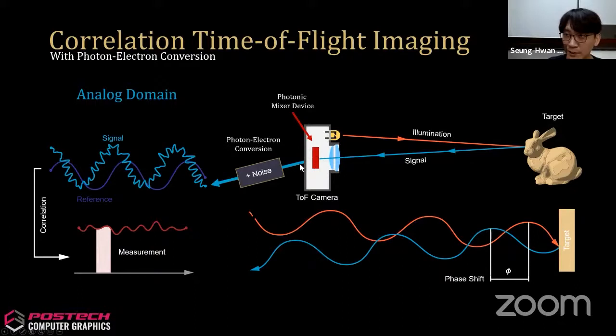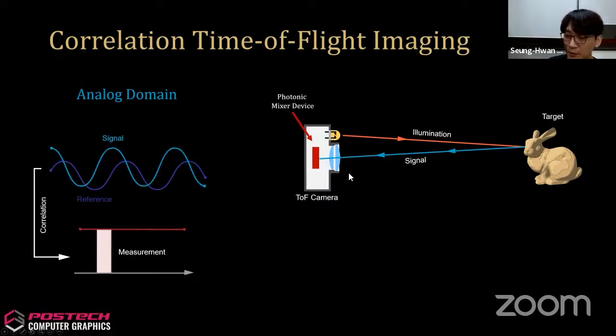Then we process this electron in an electric manner, and we compute this correlation in the electric domain to estimate the true phase shift information. However, in that conversion process from photon to electron, there is some inevitable noise added.